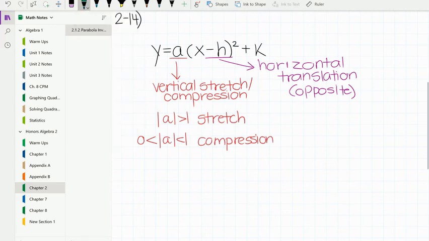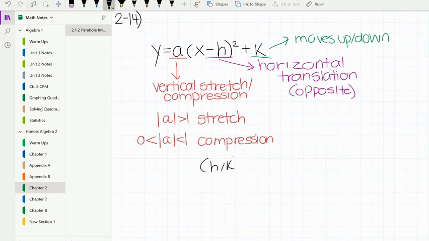And lastly, we have K, and K moves up or down. And that one is exactly as is. So if it's +1 on the outside, it moves up 1. And then, using all of this information, H comma K is going to be your vertex. So this will kind of summarize what you were supposed to get out of this section 2.1.2.